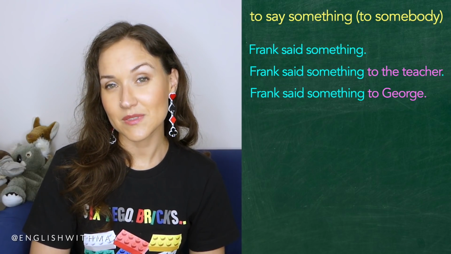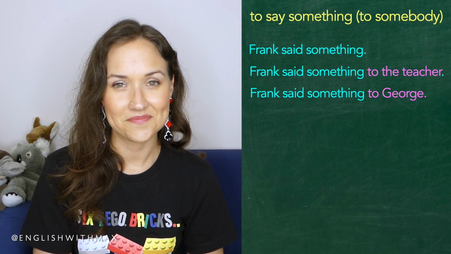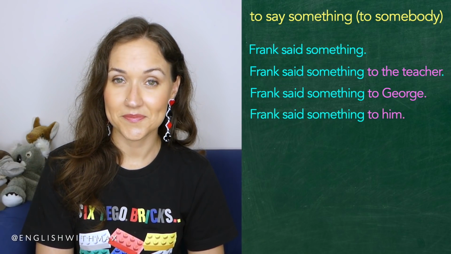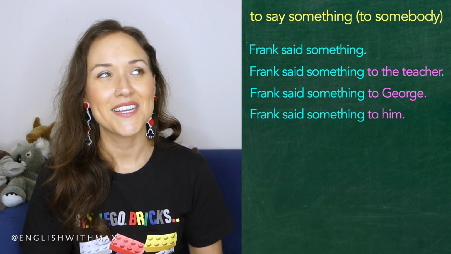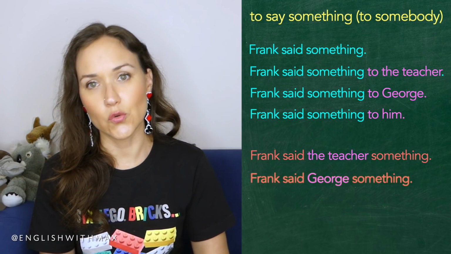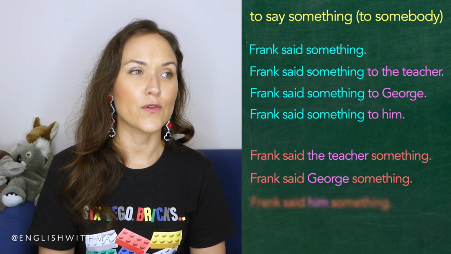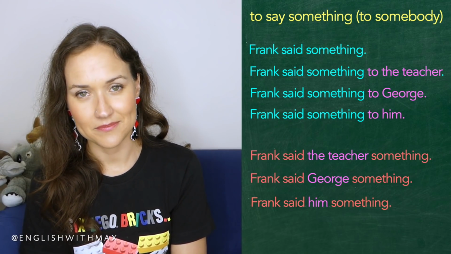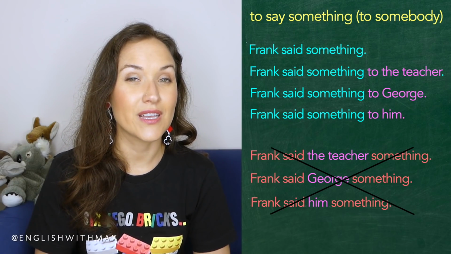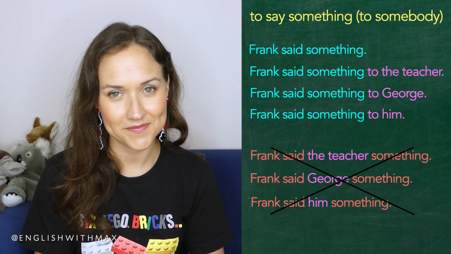Remember, names are a type of noun. Frank said something to him. You can't say Frank said the teacher something, or Frank said George something, or Frank said him something. You need the word to, and it goes after something.